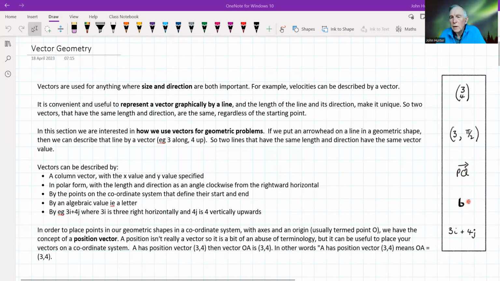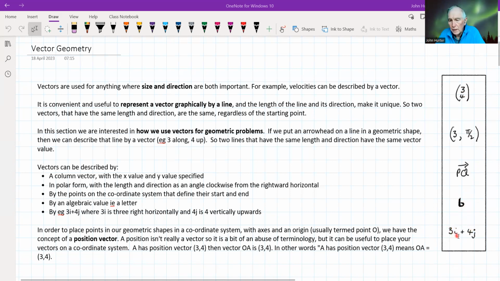Also, we often ascribe algebraic values to vectors, either because we don't know them and they're an unknown in some kind of equation, or more typically because we are going to find our answer in terms of this algebraic value. So it wouldn't really matter what the value was, whether b was 3, 4 or 4, 7 or something like that. If we're expressing our solution in terms of b, then that's the objective.